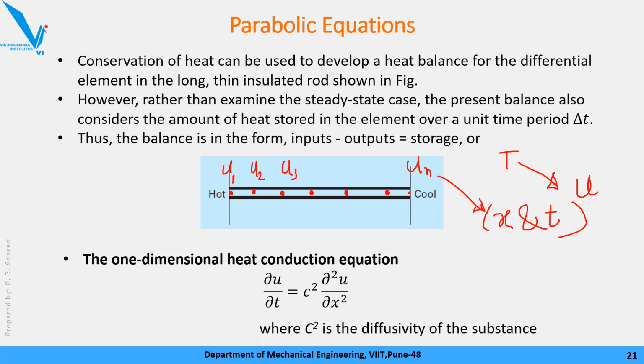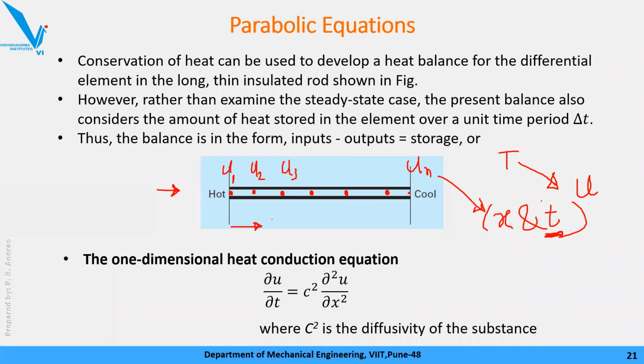What does this mean? Here you gave a temperature, assume you started supplying heat in the morning, and you are measuring the temperature in the evening. That means you are having one more parameter to consider, that is time. The heat is flowing in the x direction.